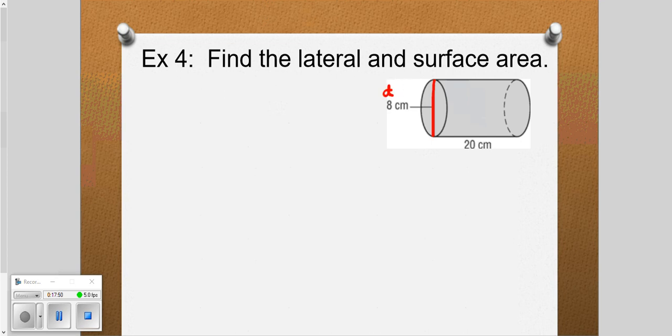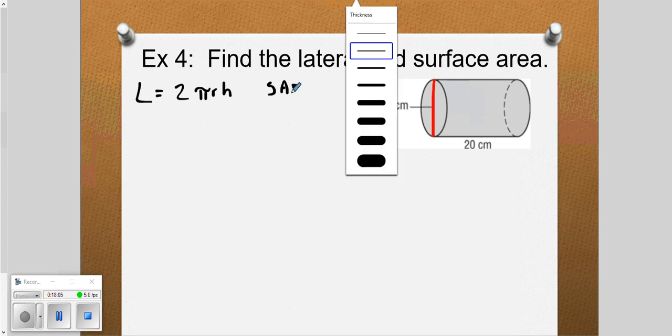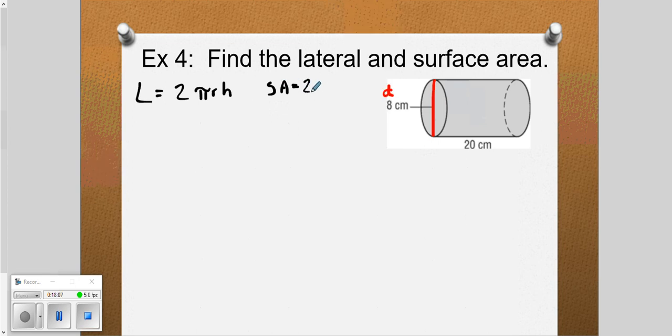If we look at our formula, lateral area is 2 pi r h. And then surface area is same thing, but adding some more to it. So that would be 2 pi r h plus 2 pi r squared.